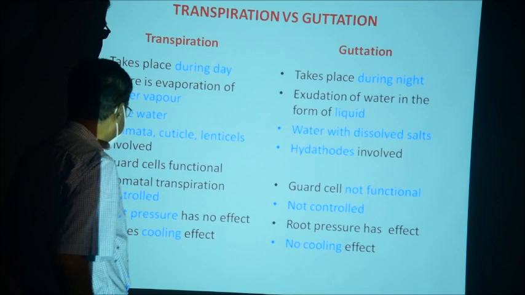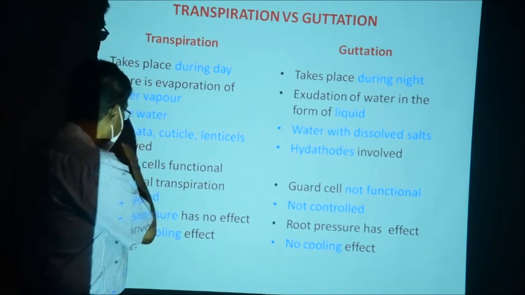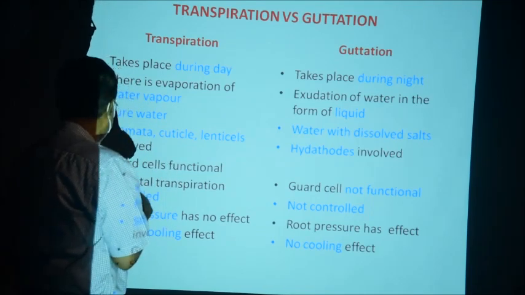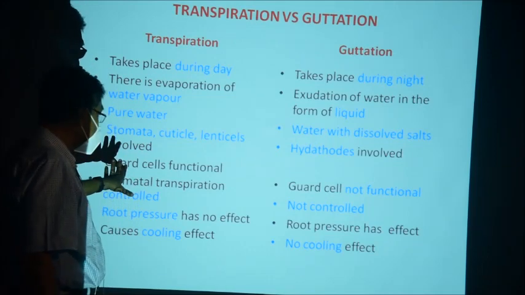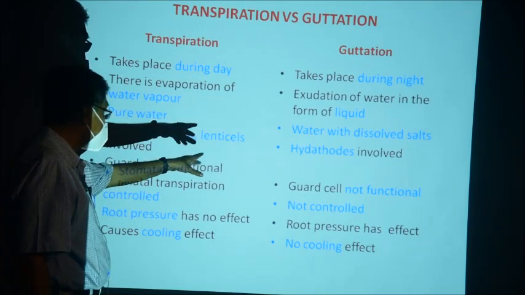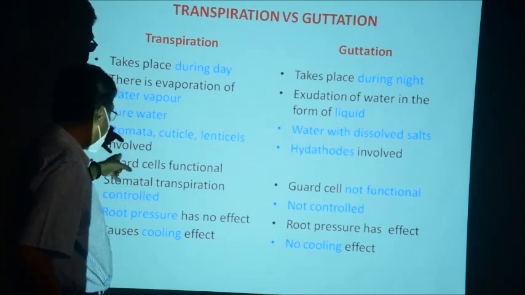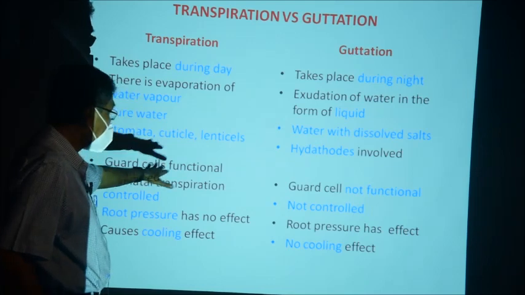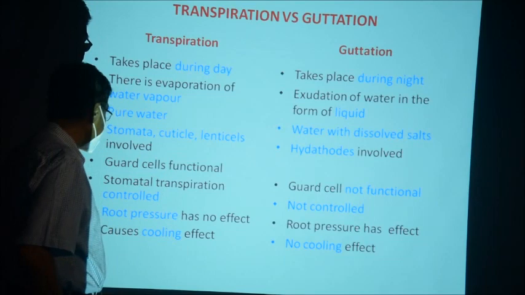Transpiration is in the form of vapor and guttation is in the form of liquid. Transpiration is pure water and guttation is water with dissolved salts. Stomata, cuticle and lenticels are involved in transpiration, whereas hydathode is involved in guttation.